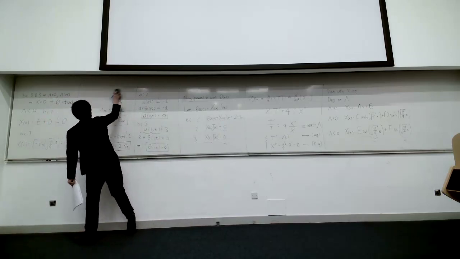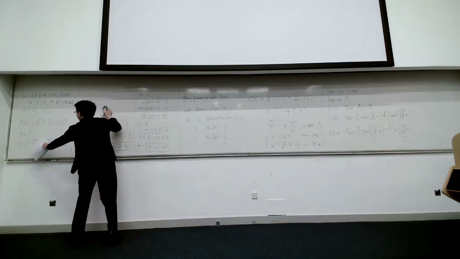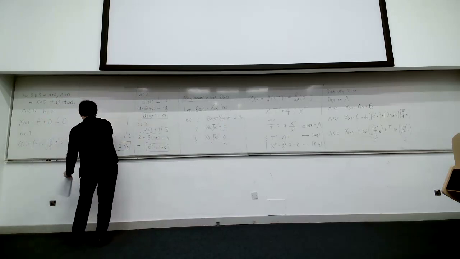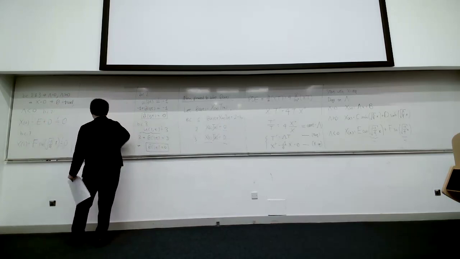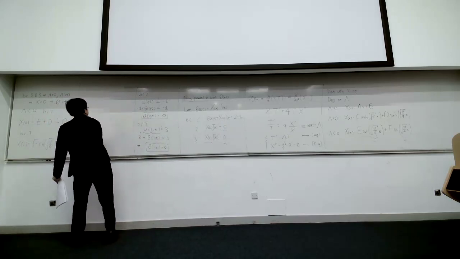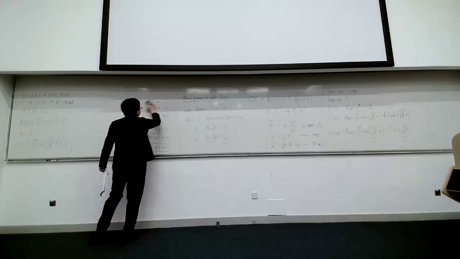Then we do the whole Sturm-Liouville thing. I don't want f to be 0, so I can divide by f, because if f is 0, it defeats the purpose. I just get a trivial solution.